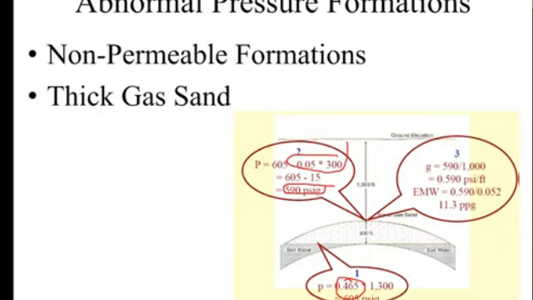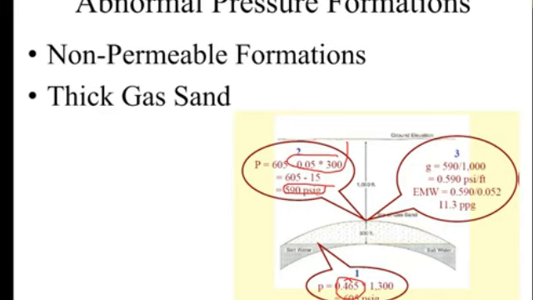Now we know the pressure is 590 psig and the TVD is 1,000 feet, so the pressure gradient is 0.59 psi per foot.